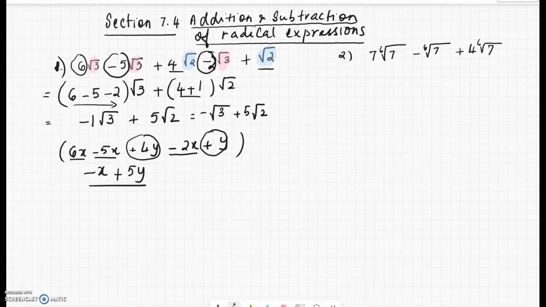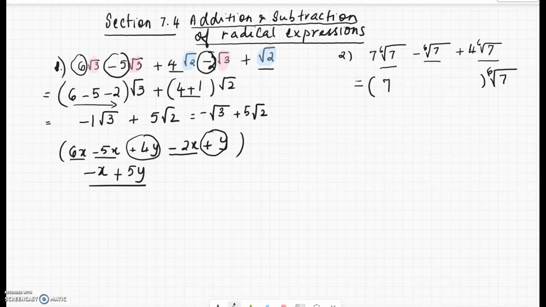Now let's look at the next one. They're all the sixth roots of 7. That's a sixth root of 7, that's a sixth root of 7, that's a sixth root of 7. Just like you would do with adding like terms, you're going to do exactly the same thing. The common factor is the sixth root of 7.